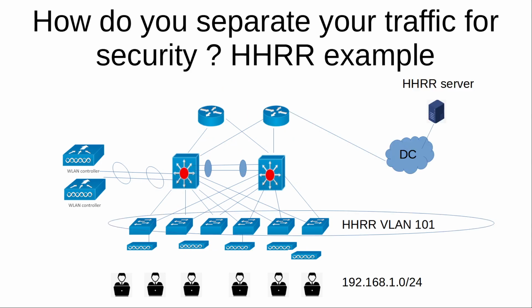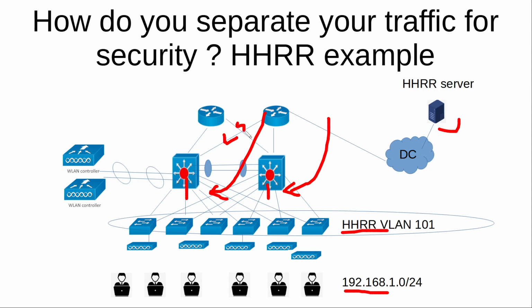Let's put another example. You want to provide a human resource department access to a particular server in your data center. One way of doing it will be creating a VLAN for your human resources department, then assign a prefix to that VLAN and relate it to it, then create the appropriate default gateways using a first hop redundancy protocol, and then setting up an access control list here in order to protect your layer 3 part of your network.